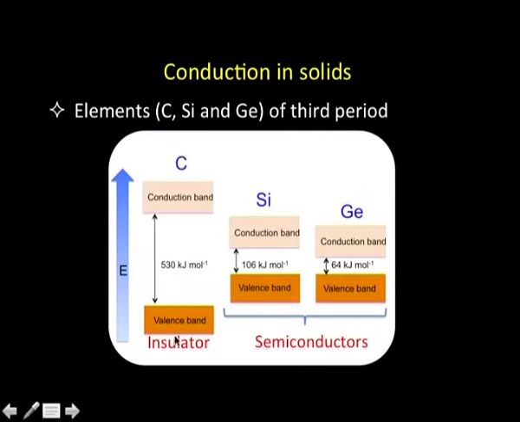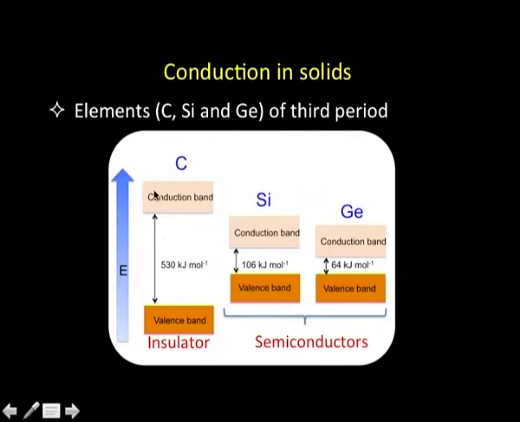So, if I look at the outermost valence band and the conduction band, we find that in the case of carbon, there is an enormous difference in energy, to the extent of about 530 kilojoules, which is a large amount of energy. As a consequence, the electrons in the valence band are not able to go to the conduction band, and carbon does not conduct; it happens to be an insulator.